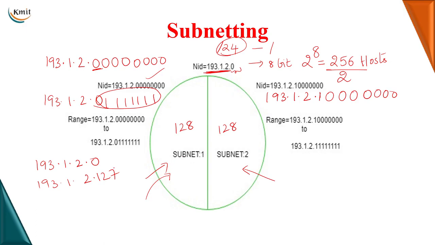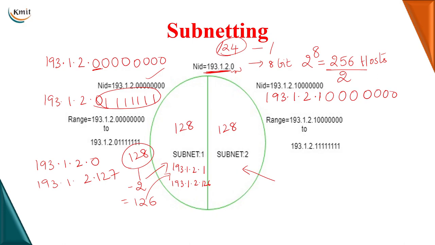How many addresses have I taken from 128? I have taken away 2 addresses from 128. So I will have a total of 126 valid host addresses ranging from 193.1.2.1 to 193.1.2.126 in subnet 1.